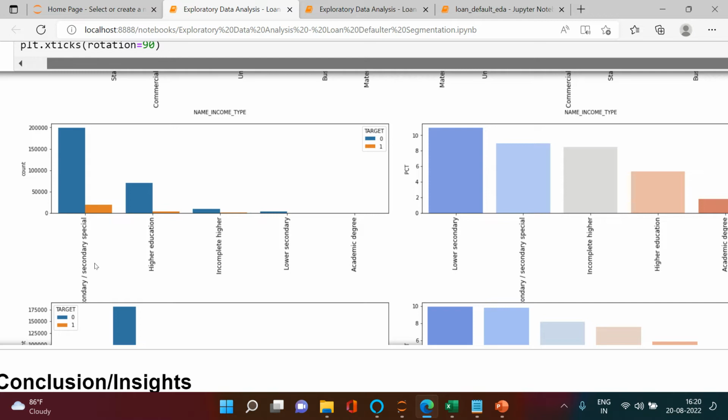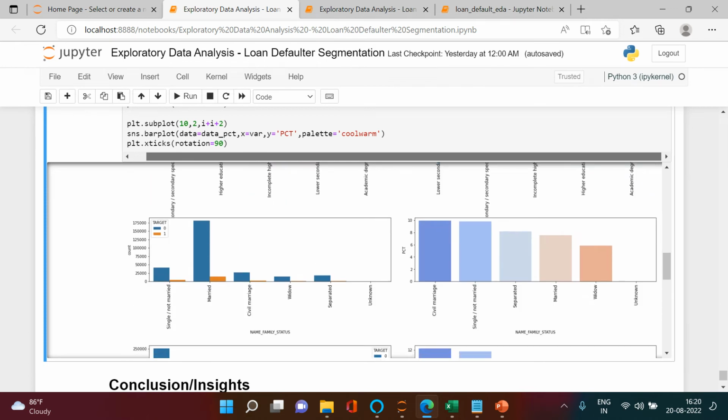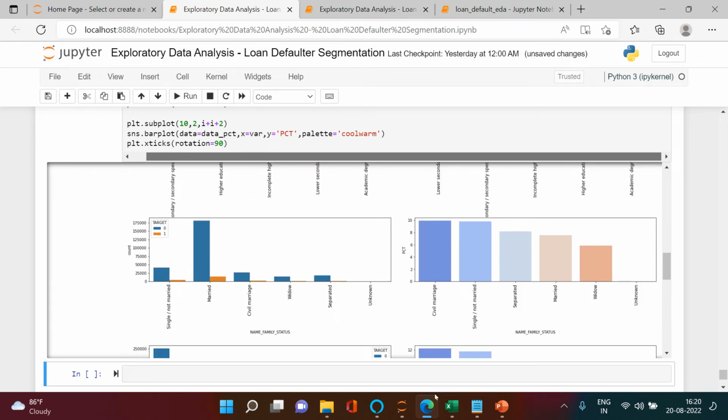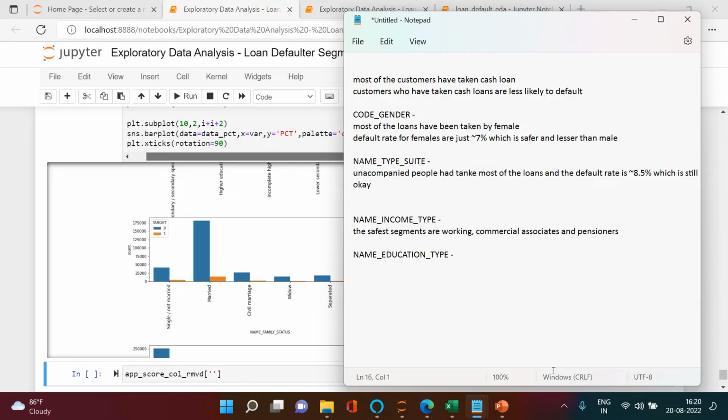Okay, so here if you see, most of the loans have been given to those customers who have secondary special education, or what is the other value which we had. If you are struggling to see what values are available in this particular variable, you can write a quick query over here. Let's say app, and write that variable. The variable name which we have is this.